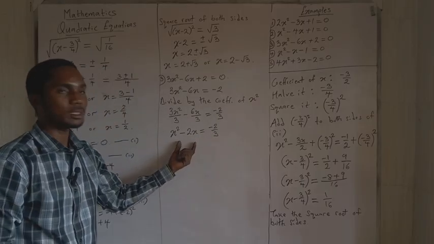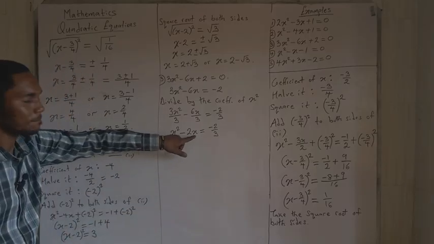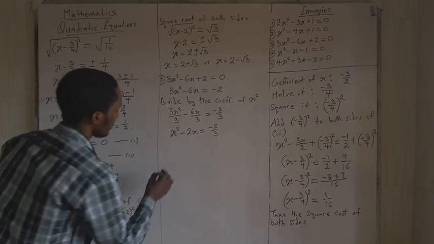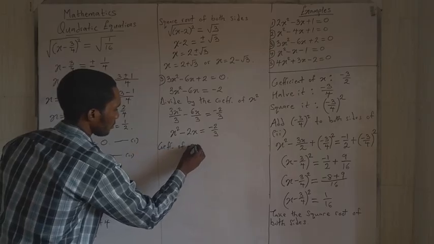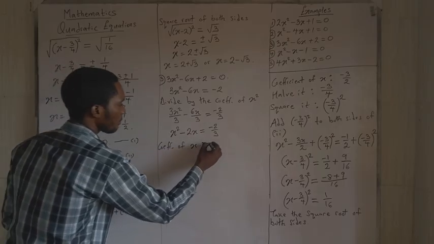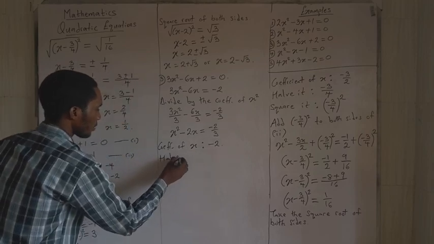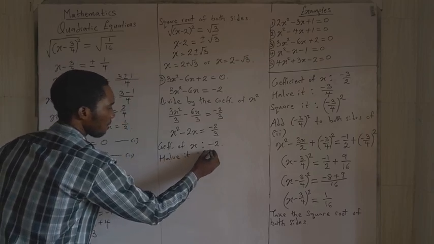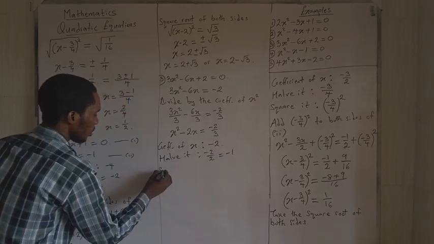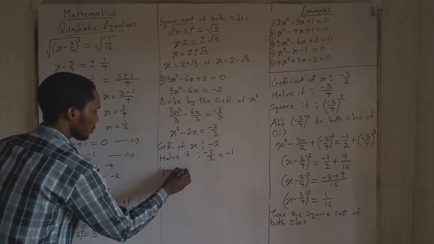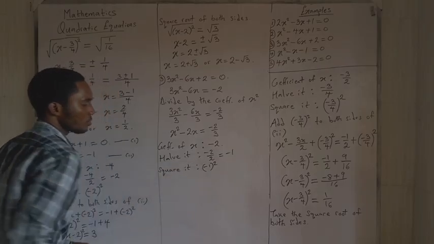What are we going to have next? What we are going to have next is take the coefficient of x. That is minus 2. Half of it, minus 2 divided by 2, this is minus 1. Then square it. Minus 1 raised to the power of 2.